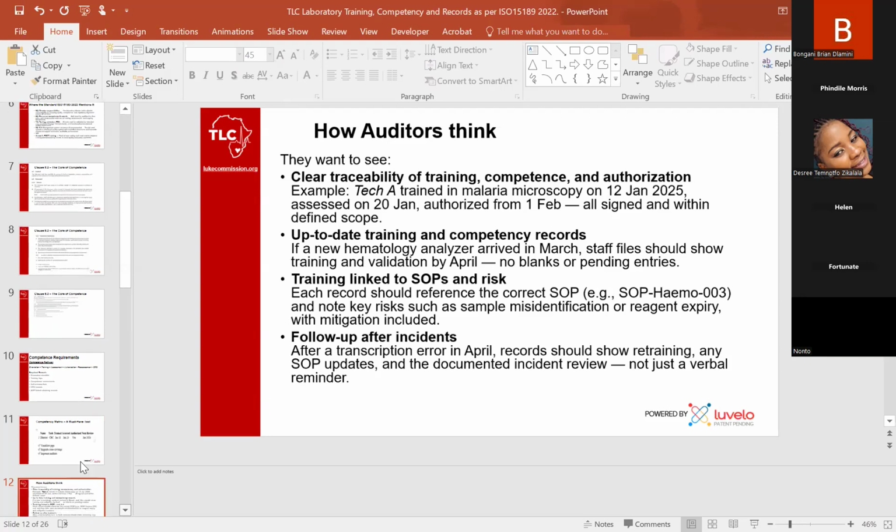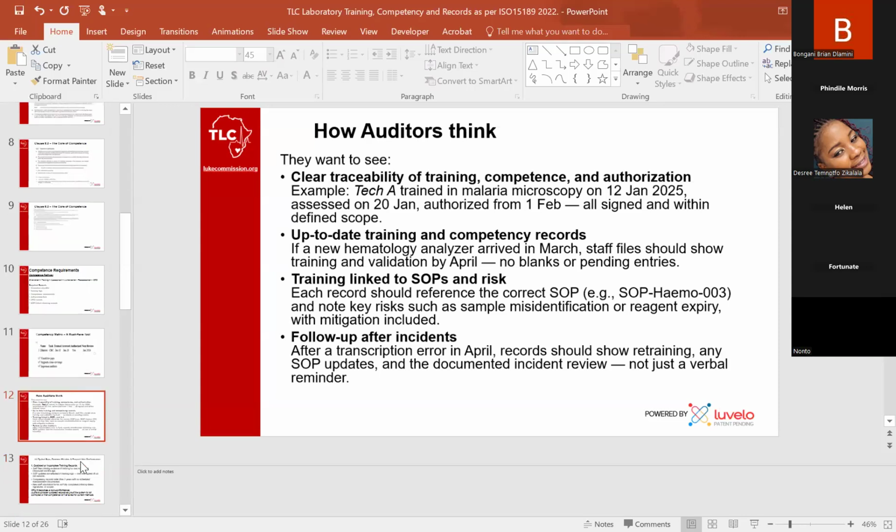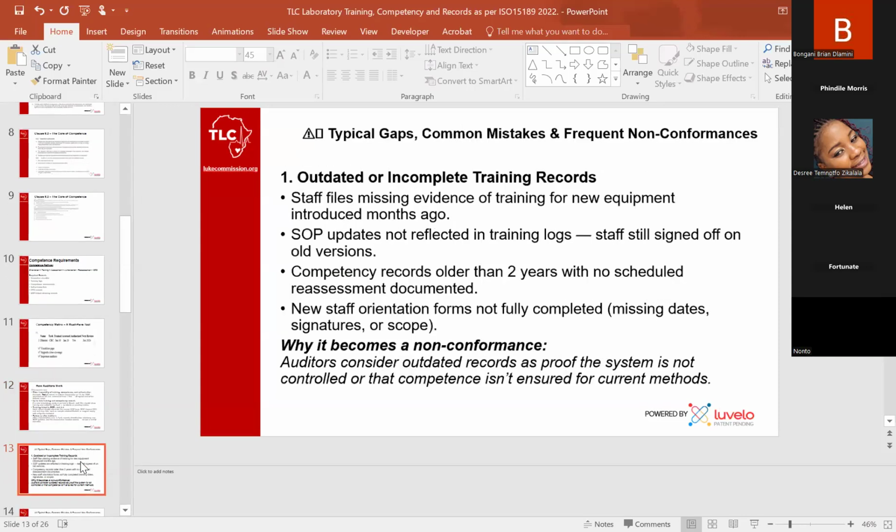Now I'm going to go through 10 examples: typical gaps, common mistakes, and frequent non-conformances. One, outdated or incomplete training records. So this is what they will give you a non-conformance for. Staff files missing evidence of training for new equipment that was introduced months ago: non-conformance.